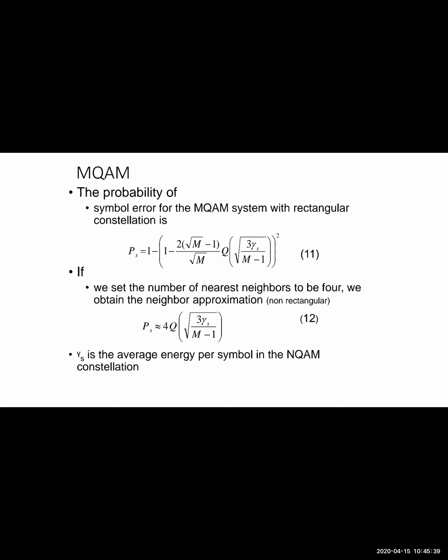Let's say, for instance, you have 16 QAM. You can either use equation 11 or equation 12. Equation 11 is an exact method, and equation 12 is an approximate one. That's all that you need to know about this QAM stuff. Is it okay? Okay.